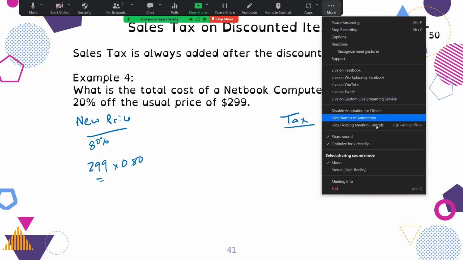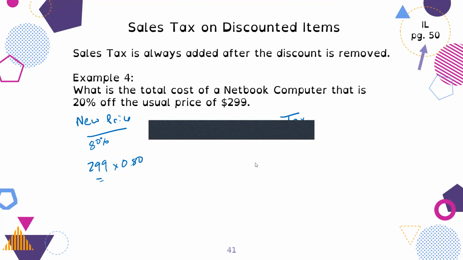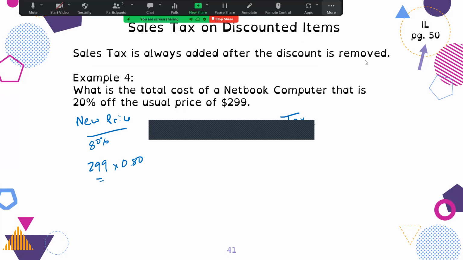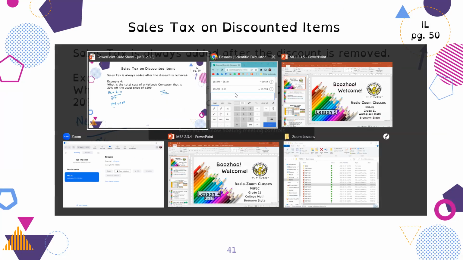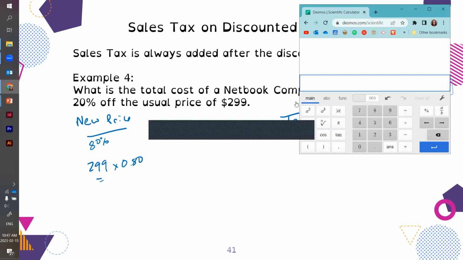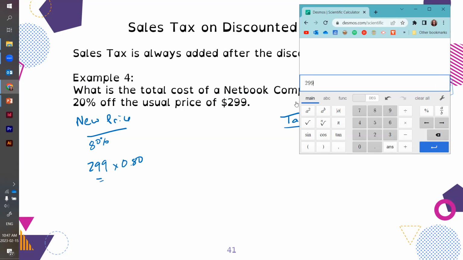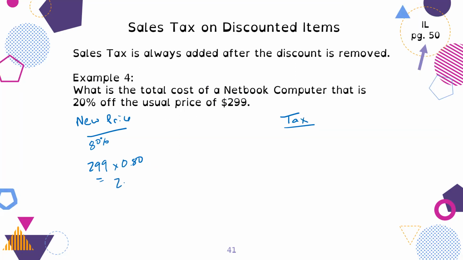Sorry, I'll go back to my Desmos. Here we go. Okay, so 299 times 0.8 is equal to $239.20. So the new price is $239.20.